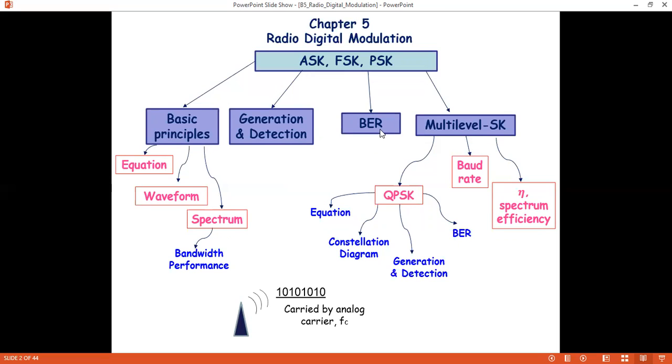We didn't learn about bit error rate in previous chapters, because bit error rate is another performance metric that is used to represent the system's performance apart from SNR. But this is especially for digital modulation.